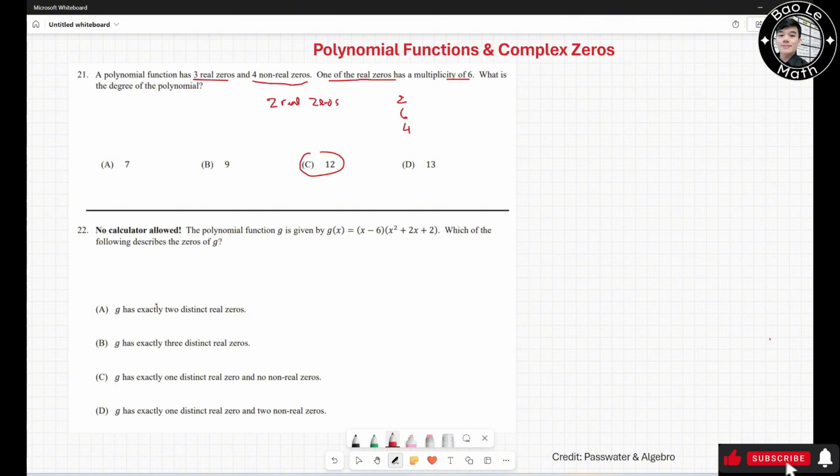Now question 22. The polynomial function g is given as minus 6 times (s squared plus 2s plus 2). Which of the following describes the zeros of g? Now we need to factor this one first. So we have s squared plus 2s plus 2, right?